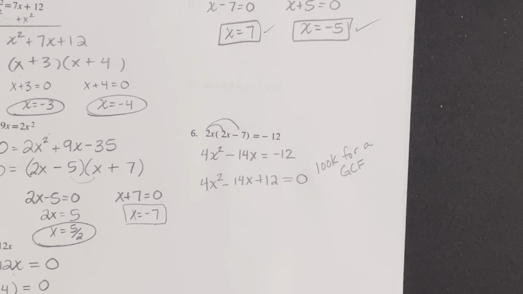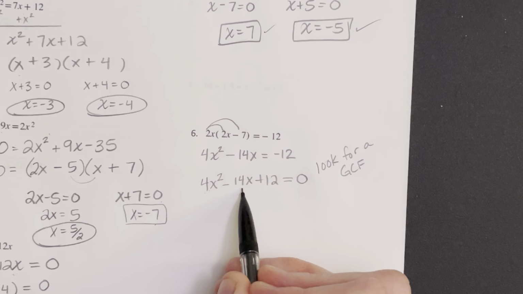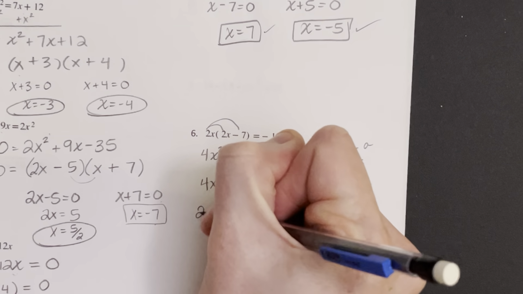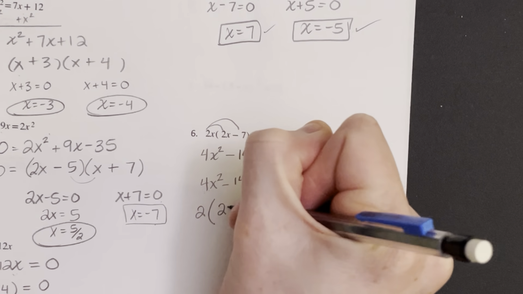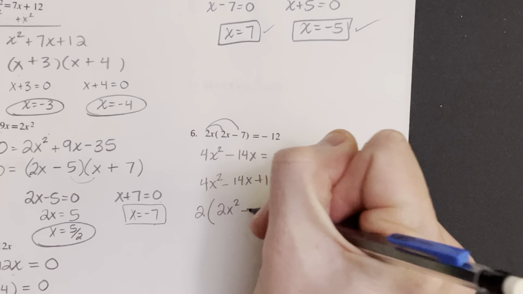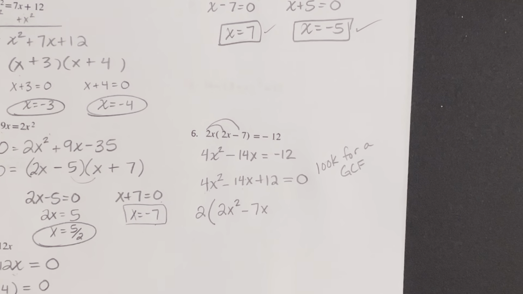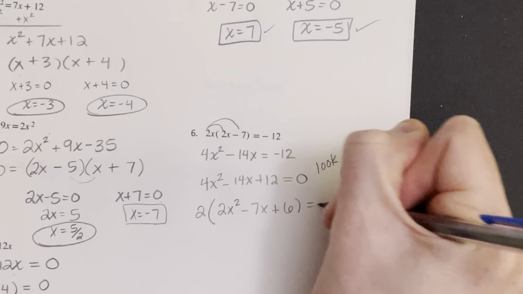And it might be 2. 2 can divide evenly into 4x squared, 14x, and 12. So I'm going to bring that 2 out. That leaves me with 2 times 2x squared to get the 4x squared, 2 times a negative 7x to get that negative 14x, and a positive 6 to get the 12.